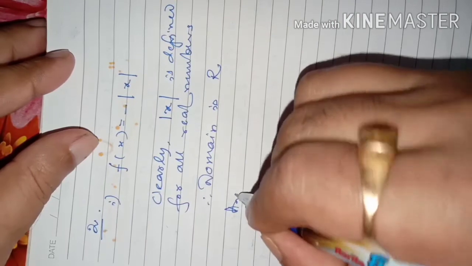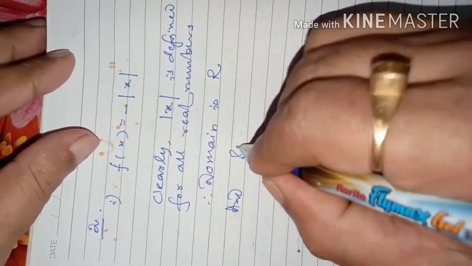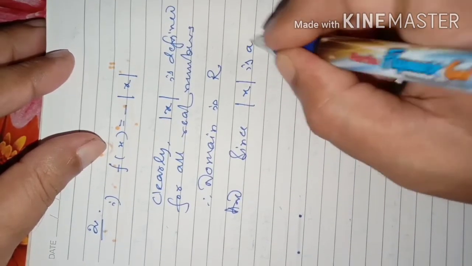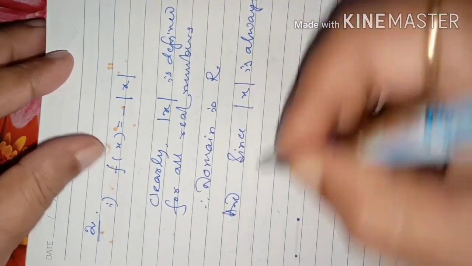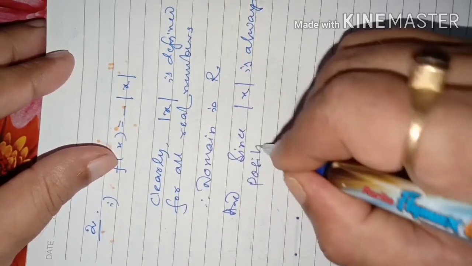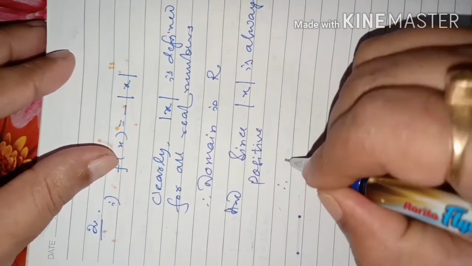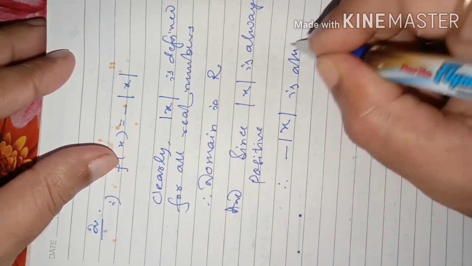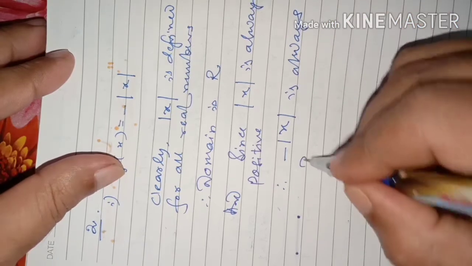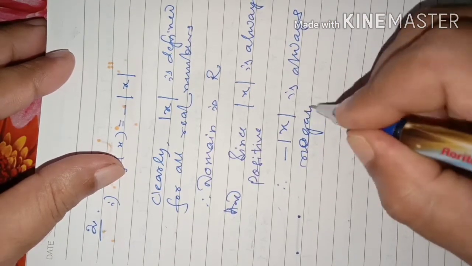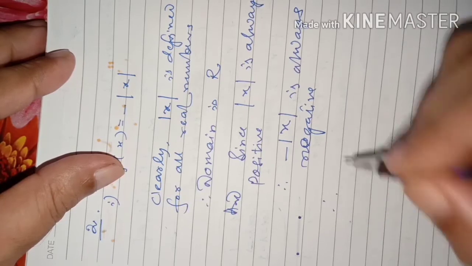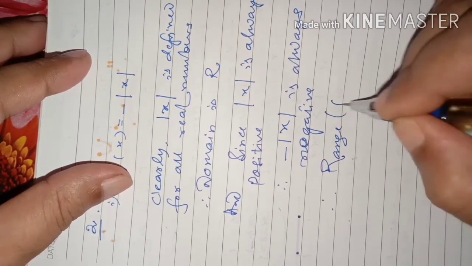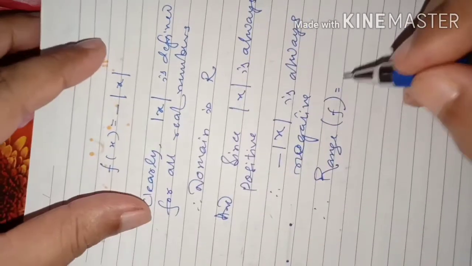And since modulus of x is always positive, therefore minus modulus of x is always negative. Therefore the range of f will be negative real numbers.